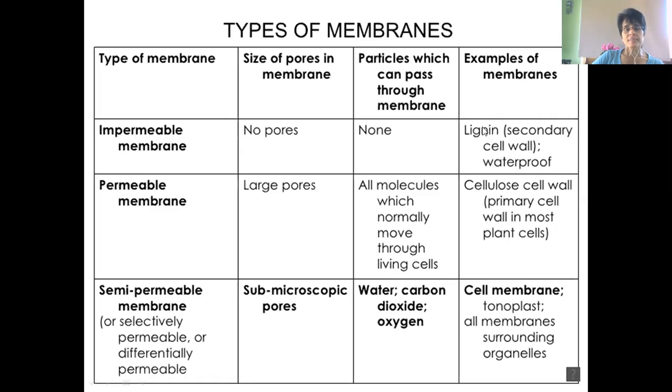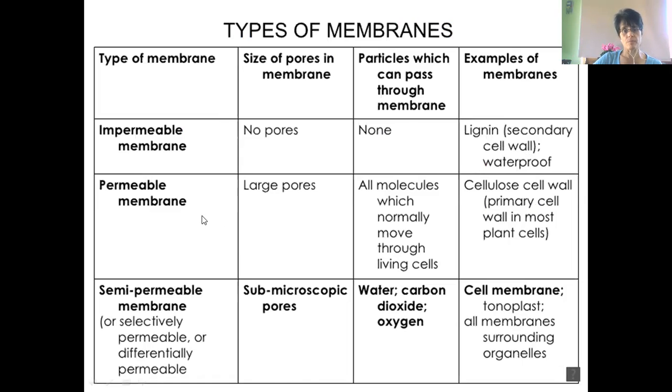So cell walls which are lignified, like the cells making up wood, which we're going to talk about later, lignin makes them waterproof, so nothing will pass through them, okay? So they are said to be impermeable. There's no pores and particles cannot pass through that lignified cell wall.